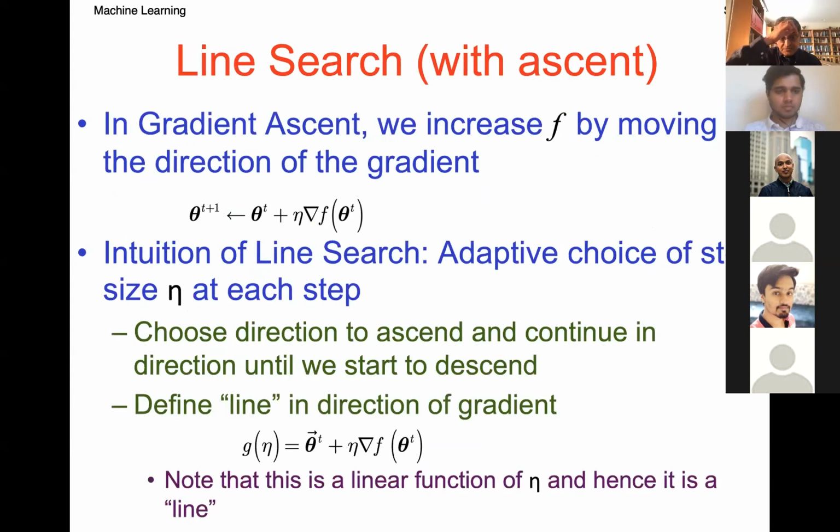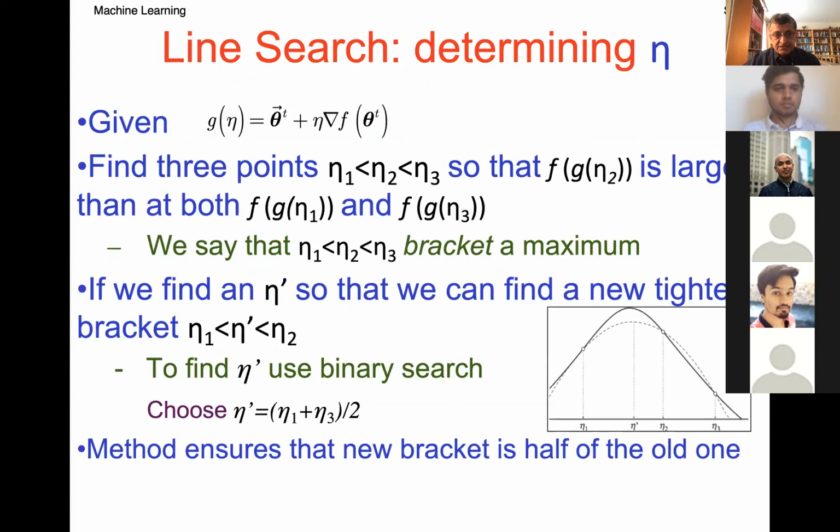So line search is a particular approach that says, try out a couple of values. Figure out what's happening at eta 1, figure out what is happening at eta 2, and then choose a point somewhere in the middle, eta prime, and use a binary search. So we need to find 3 points, eta 1, eta 2, eta 3, and we find something in between such that it's eta 1 plus eta 3 divided by 2.